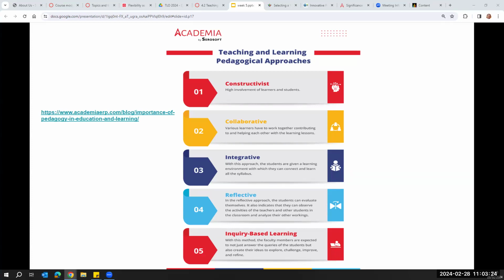Collaboration, as the word says it all, is about students interacting, working together, solving problems, developing strategies, and creating or completing tasks together to learn from each other. The integrative pedagogical approach is all about students being given a learning environment that helps them connect what they are learning in one unit, but also across different units.